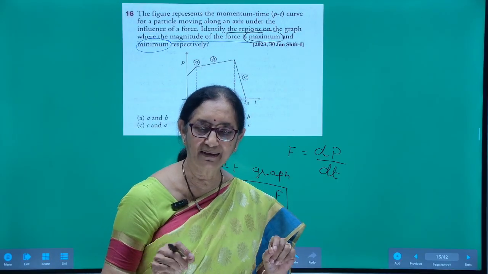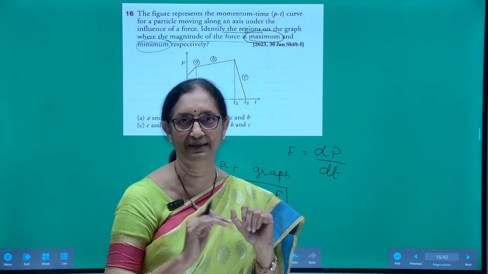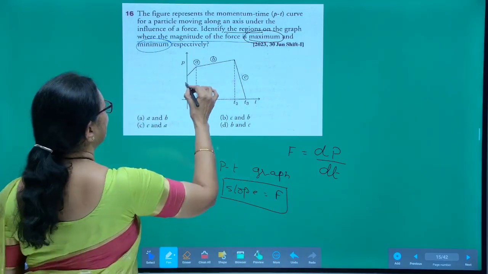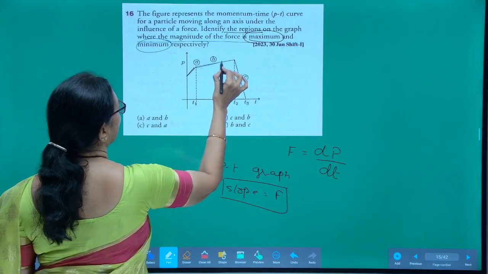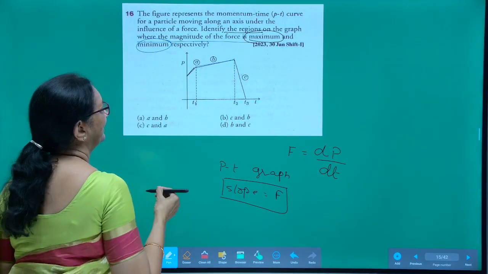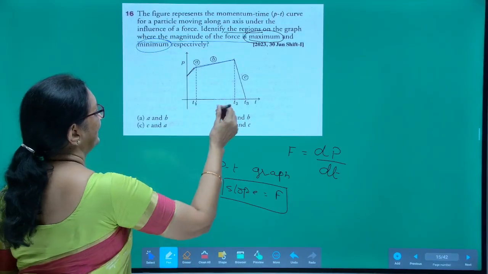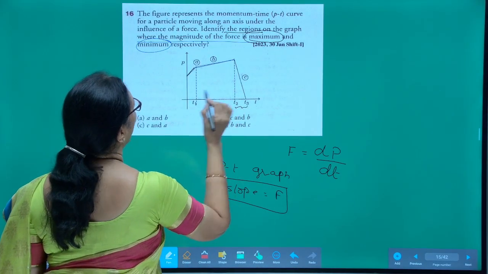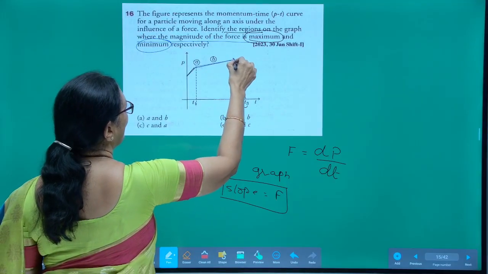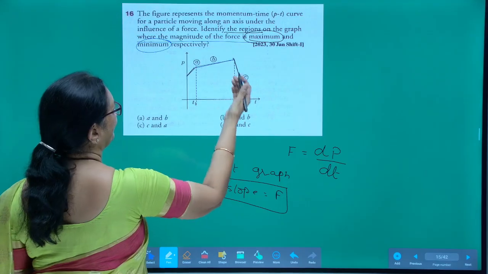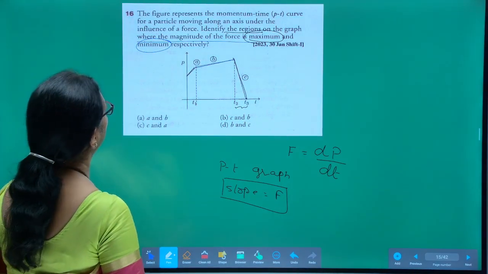For a straight line, slope is constant. So, here this is a straight line, this is a straight line, this is a straight line. Very obviously, for this time, the slope of this graph is maximum by looking at the figure.